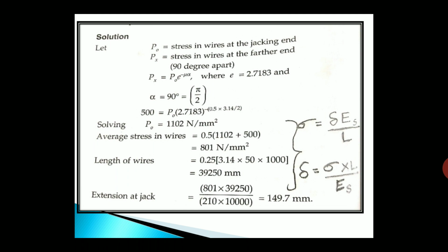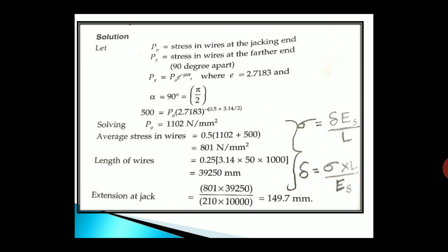Therefore, now Px is the stress in the wire at the farther end, which has to be 500, because the initial stress which we got to achieve is 500. Hence, in place of Px, we can substitute 500 directly.